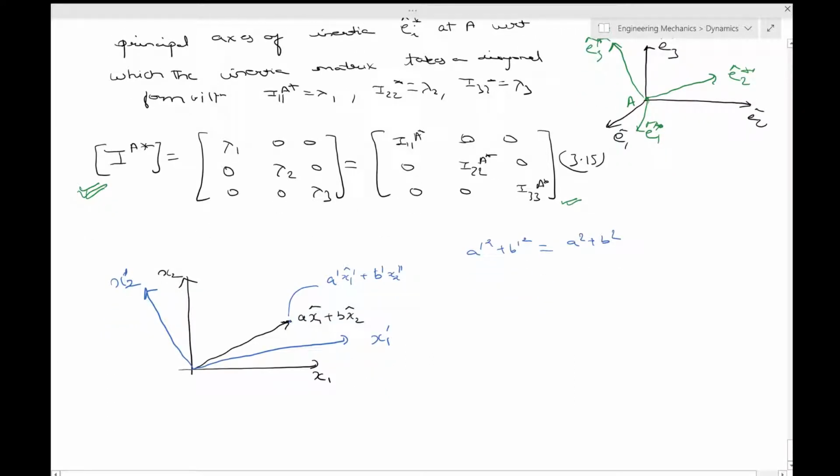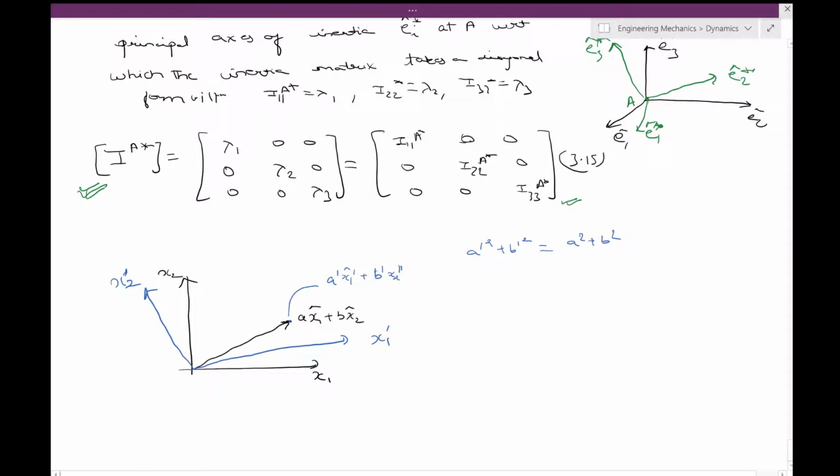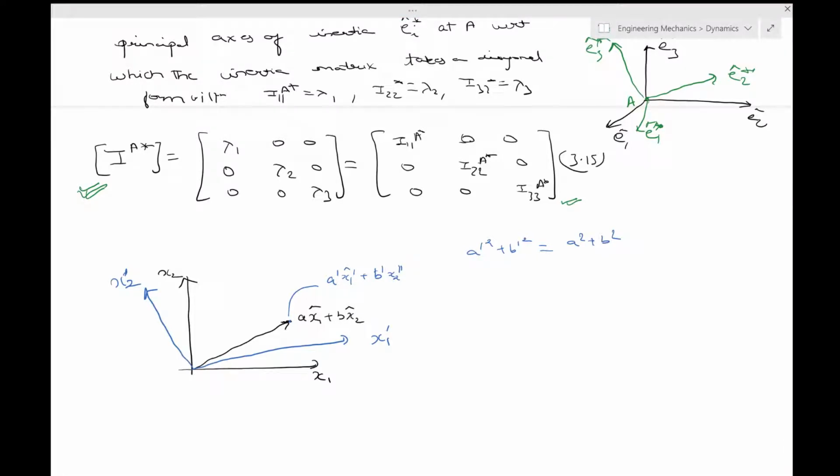Now obviously a dash and b dash are the other two components of this vector in the blue coordinate system. Now what does principal system mean?